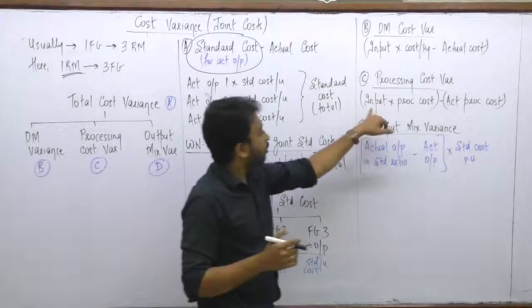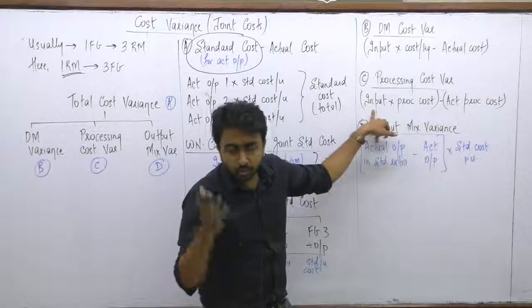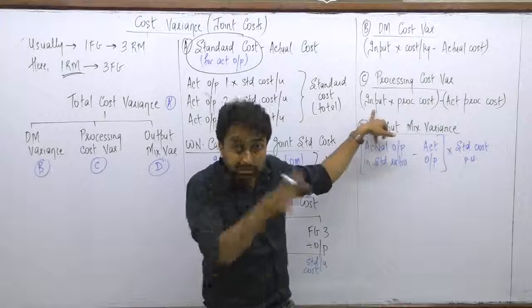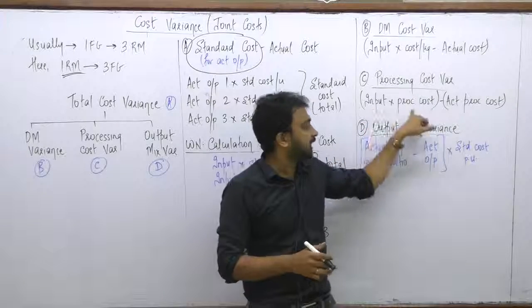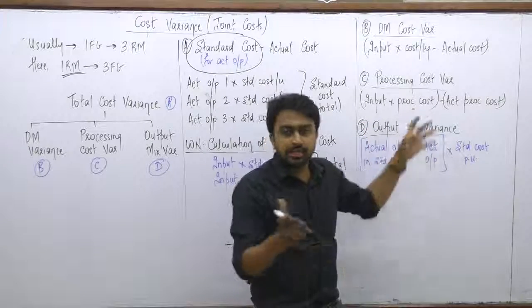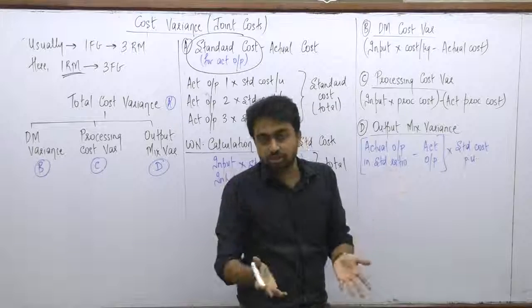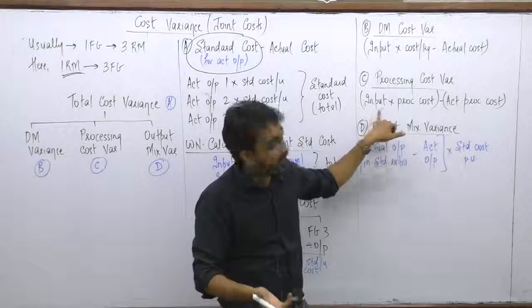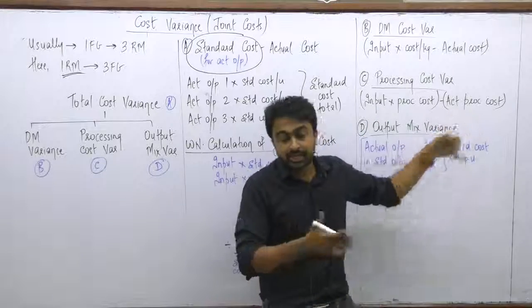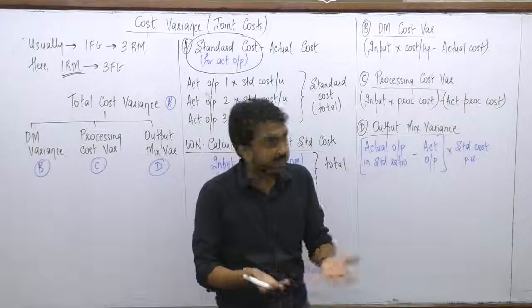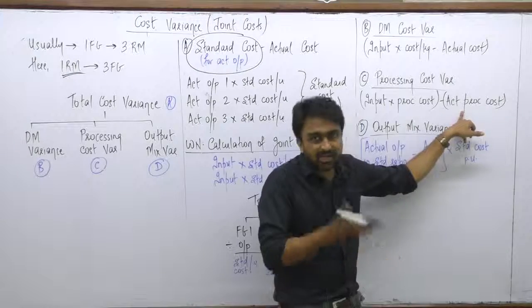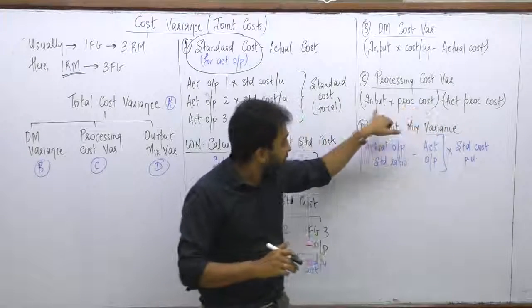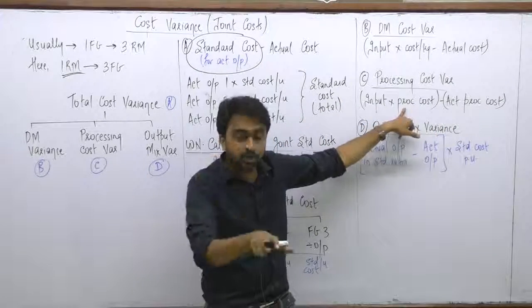Whatever input has entered the system, that input into my standard processing cost is my standard processing cost that I should have spent on the actual input. This minus my actual cost that has to be given, because we are finding variances, and without the actuals I can't find the variances.